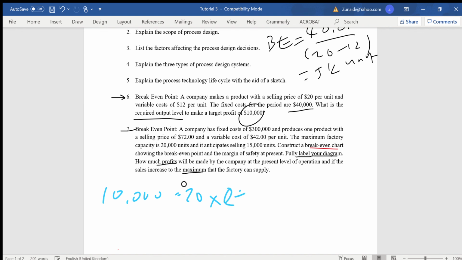So this quantity is what we need to find out actually. We need to find the required output level. So that is the quantity. So this always refers to the revenue.